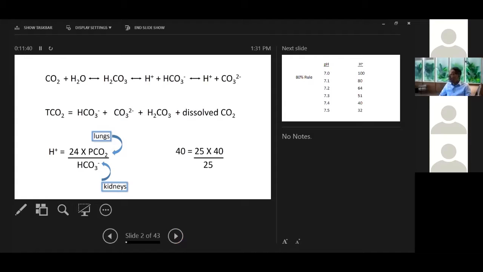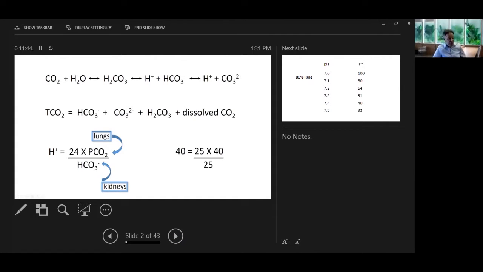The way I'm going to present this is the so-called Boston approach, which evolved in the 1960s. It was Schwartz and Relman, if you want to look at the original papers, who came up with most of these concepts. I'm not going to talk about another approach, the Stewart formulation, which evolved in the 1980s. I have a number of critiques of that approach, but you might hear about it.